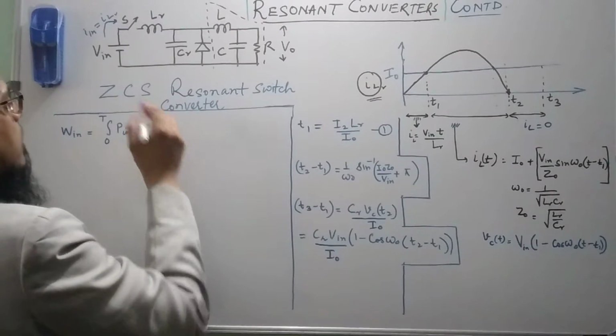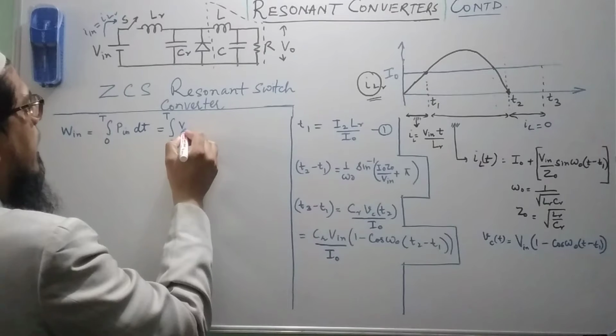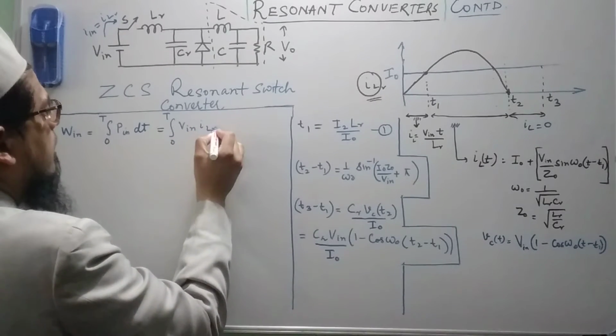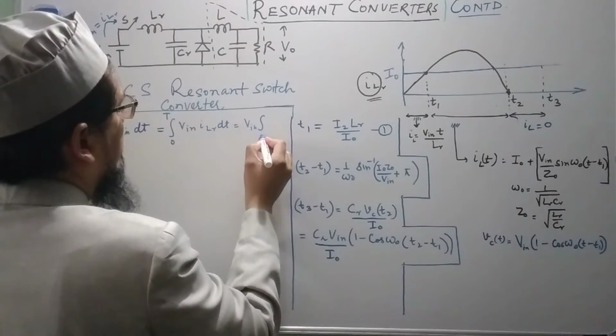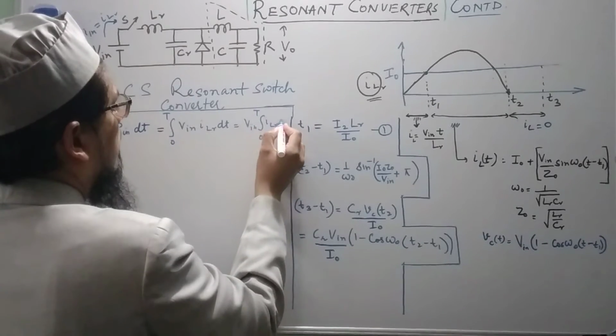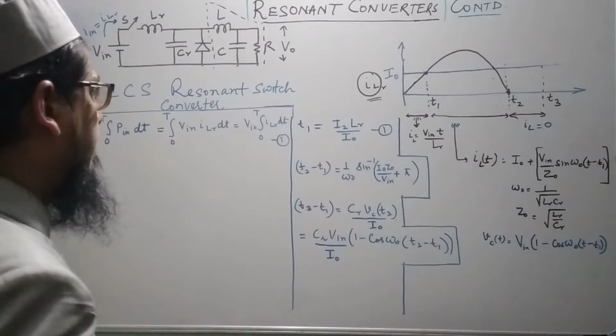So basically this is the integration from 0 to T of Vin ILR dt. So this is equal to Vin times, within the integration we are left with only ILR dt. Let me call it equation number 1.